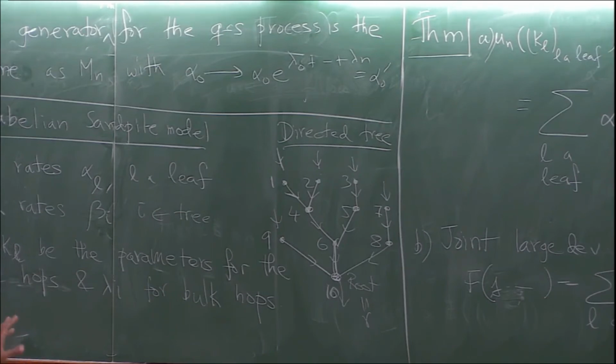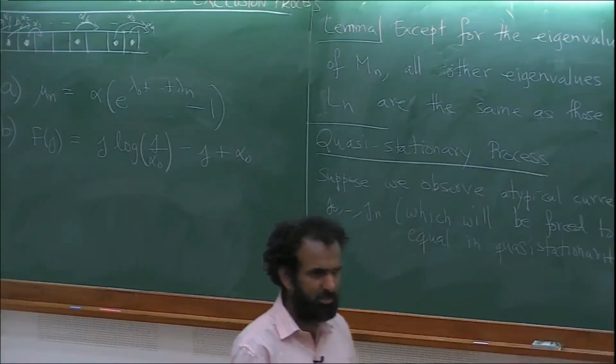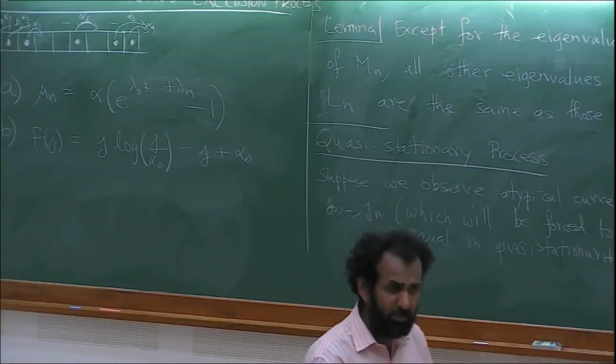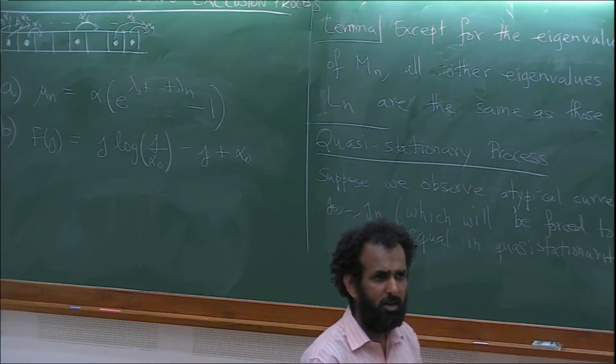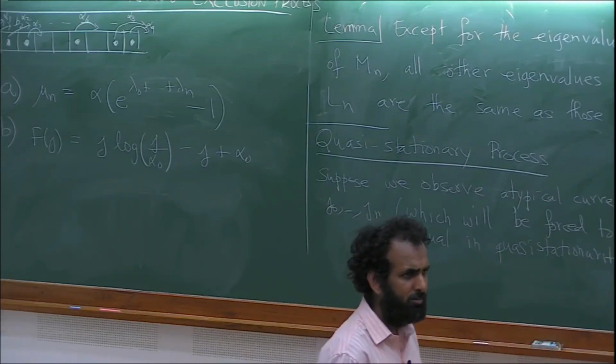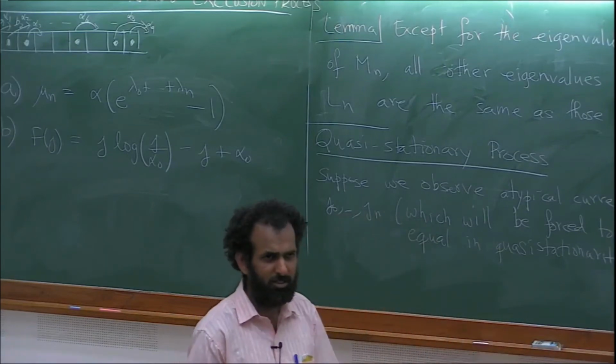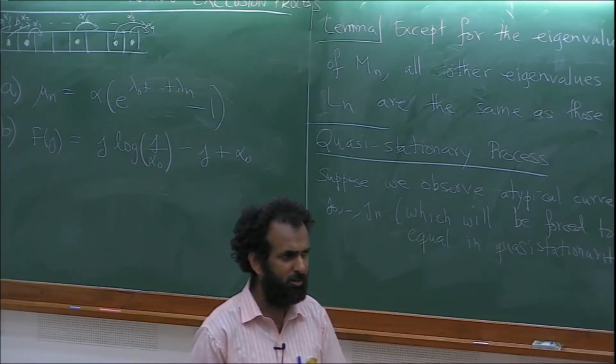There's one nice property: if you forget about the tree and go back to the original model, the system of size n embeds in a very natural way in the system of size n plus 1, in an algebraic sense. There's an intertwiner, and that allows us to do lots of calculations out of steady state. We have partial results, so if you're interested, I can tell you about this offline.